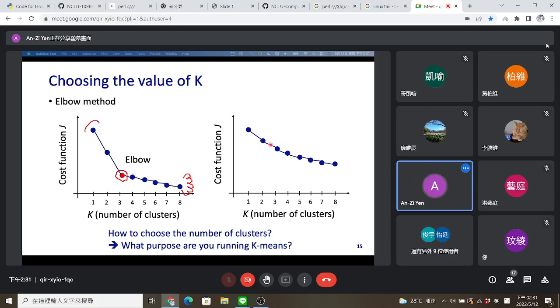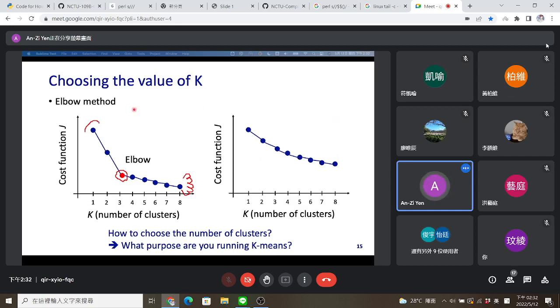Maybe 3 is a good number too, but maybe 4 is a better number, or you can say we have to choose k equals 5. So it is not clear where the good location of the elbow is, so it's harder to choose the number of clusters using the elbow method.